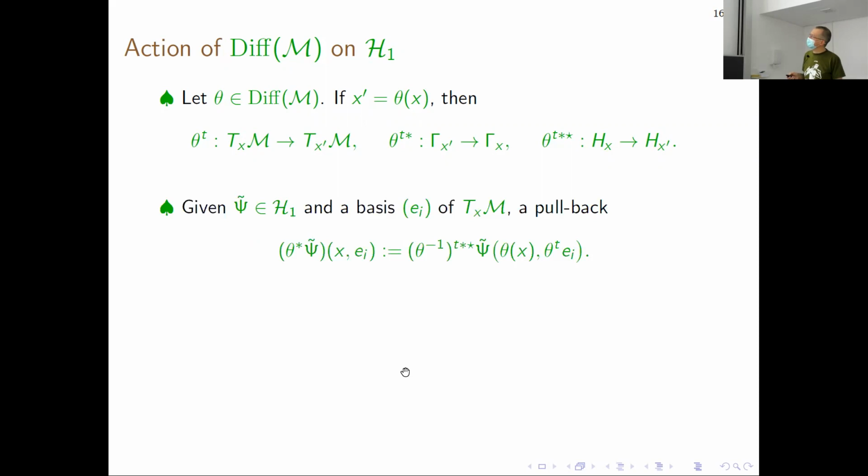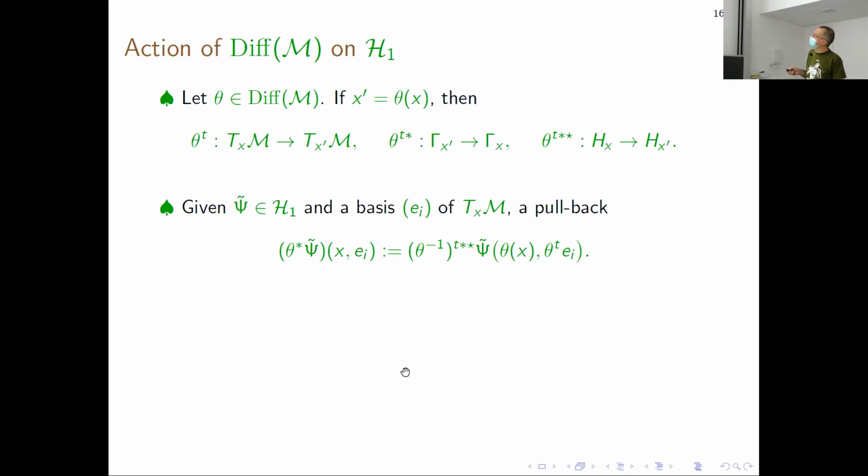So suppose that I choose a Hilbert half-density on this simple Hilbert space H1 and a basis of the tangent space. So if I have this density, then this is a number which is associated with the point x prime, and this is a basis of this space.